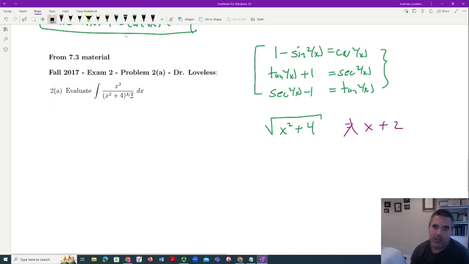Unfortunately, that's not true. They're not even close to the same. But there is a way. The way is to look up here and say, which one of these three identities looks like this? It's this one. We would like to put a tangent here and end up with tangent squared plus 1, but we're not going to get a plus 1 because of this 4.